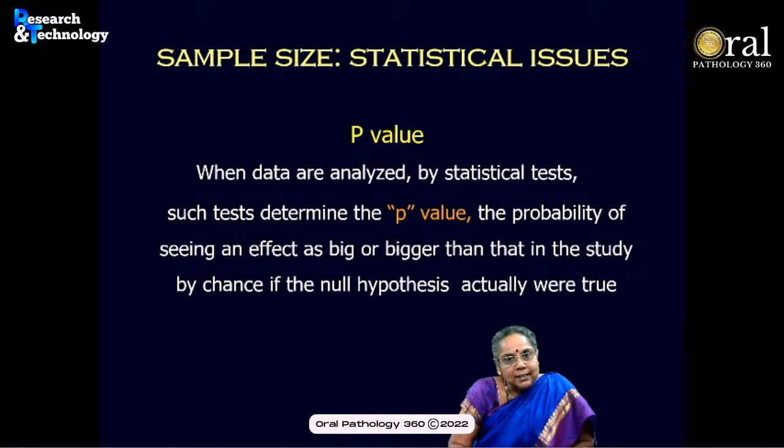If the probability value is less than your predetermined chance of 5%, that is the chance you have given yourself to go wrong, then you reject your null hypothesis and accept the alternative hypothesis. This is what I will explain to you in the next slide.